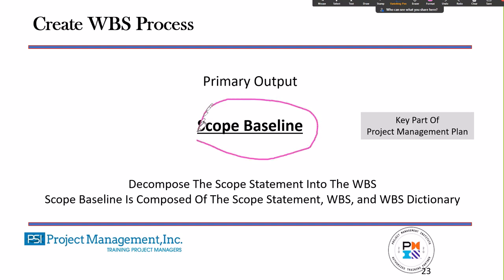The scope baseline is an output of the create WBS process. We take the scope statement, we decompose it, and that gives us the WBS and WBS dictionary. Now, the scope baseline itself is made up of the WBS, the scope statement, and the WBS dictionary.